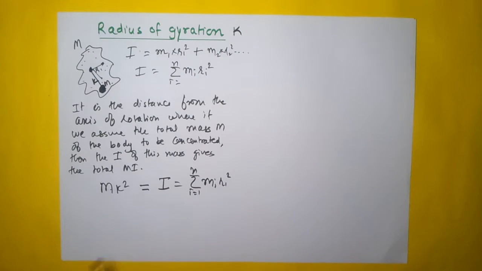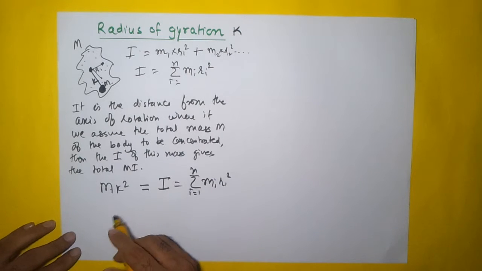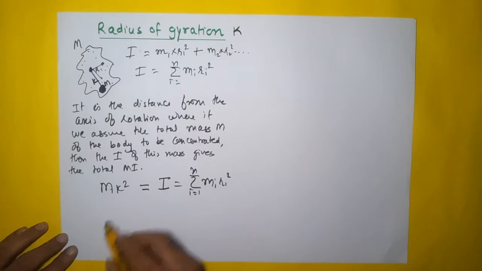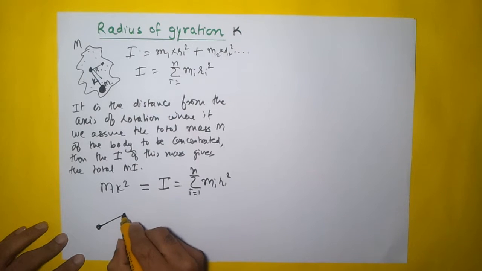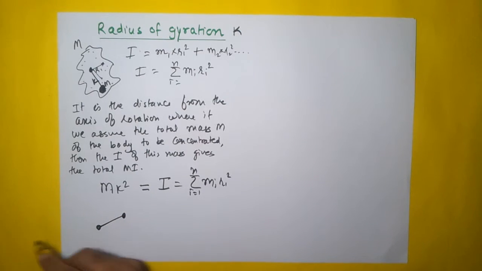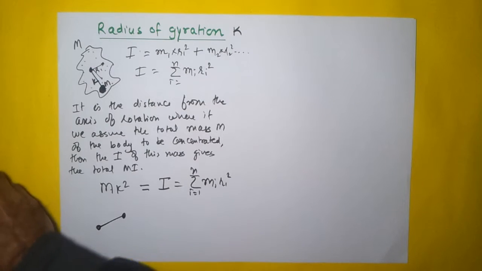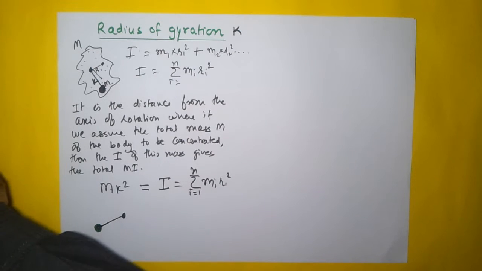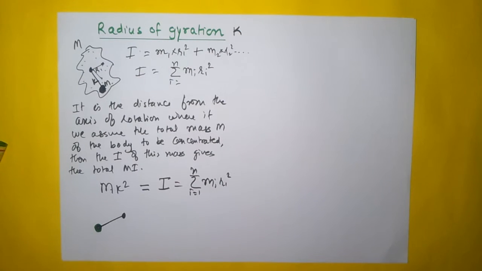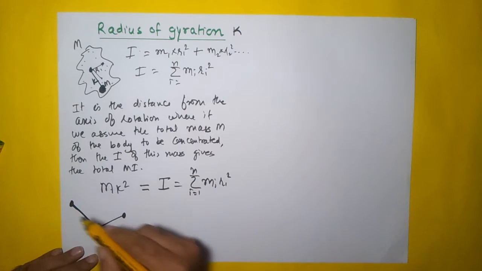To help you understand this further, we'll take actual values and calculate the radius of gyration of a body. Let us assume a 3 mass body. Let us say this is the axis of rotation, and this is mass 1. At some distance, I'll take another mass, and let us say mass number 3.